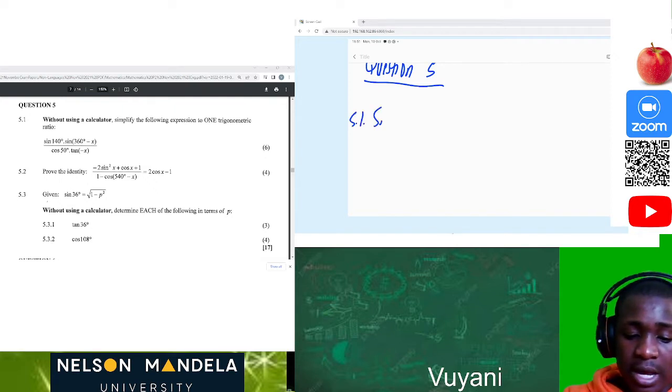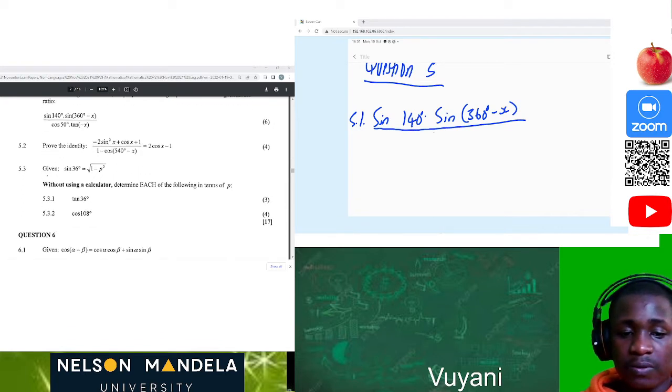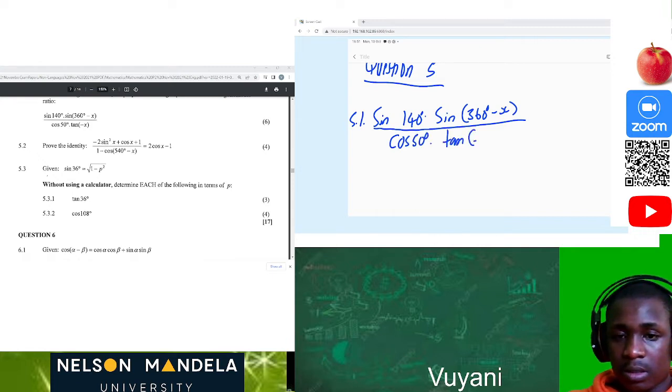We are given sine of 140 degrees multiplied by sine of 360 degrees minus x, all divided by cos 50 degrees times tan of negative x.